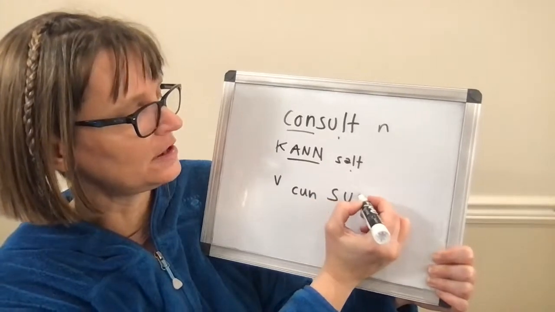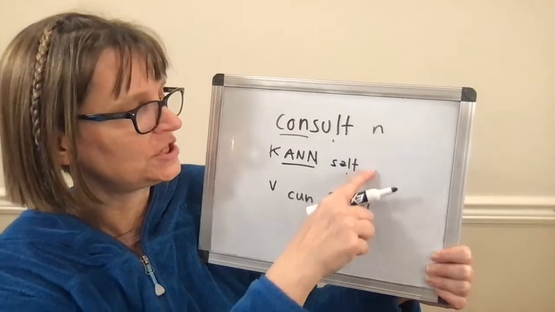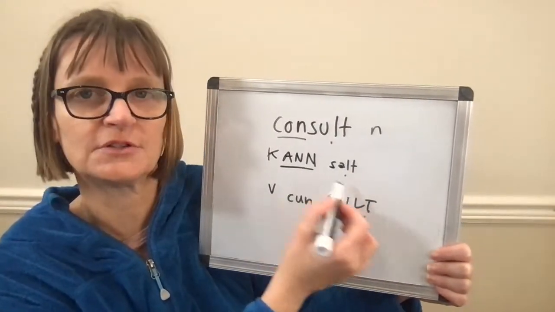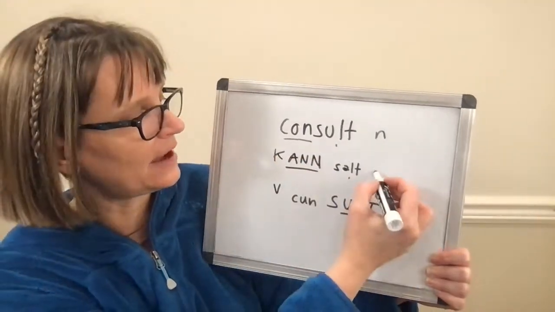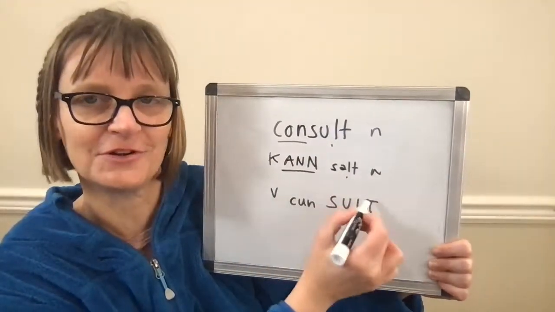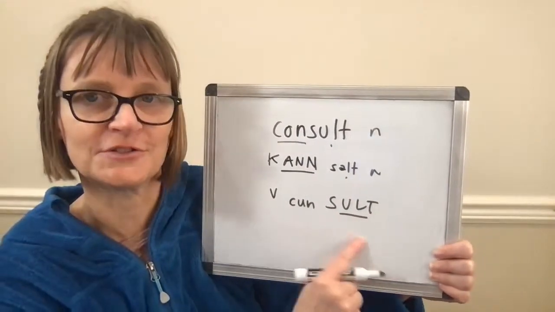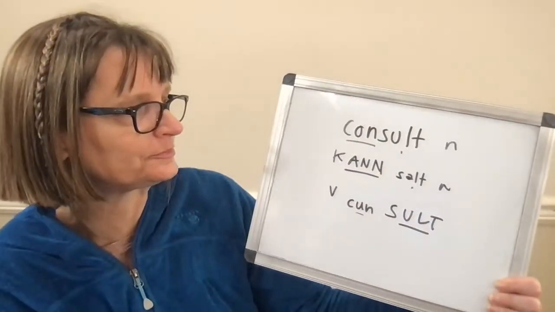And then salt, we have the stressed schwa, we hold that longer. So no change in the second syllable vowel. It's just that this one is very short. Consult, sorry, this one is long. Noun, short. Consult, verb, second syllable is long. And this vowel changes, the O changes between the two.